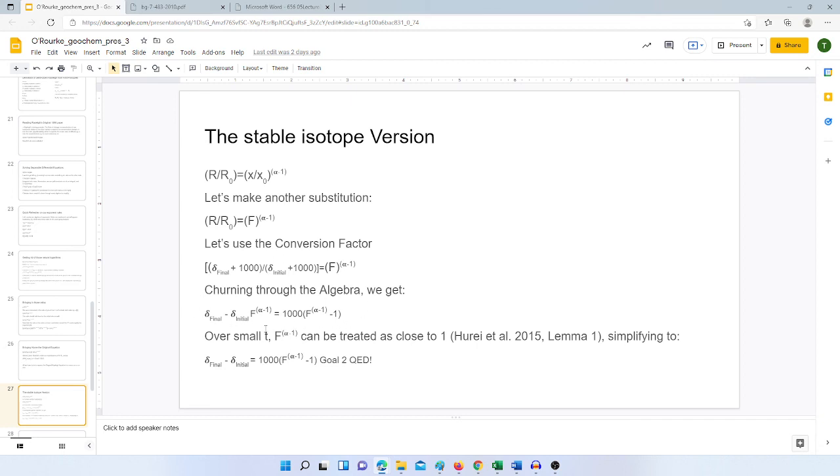Now that's a little bit interesting. But remember, we had this discussion about how f is going to be really close to 1 for any small value. So we can treat this as 1, and 1 to any power is 1. So we can get rid of this. And then we have our final approximation, which was our second goal, QED.